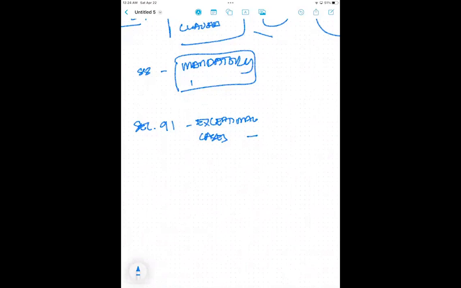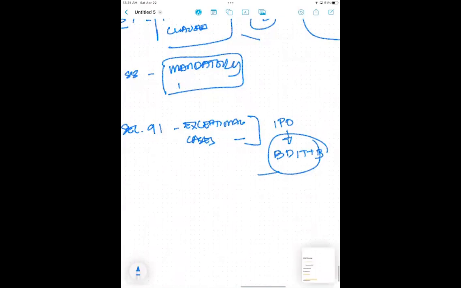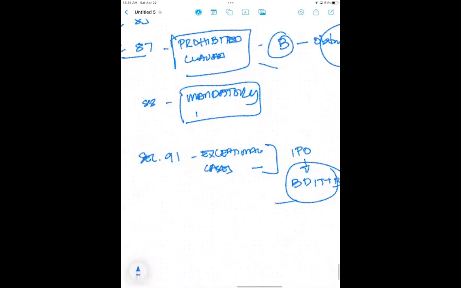That's, for example, high technology content, increase in foreign exchange earnings, employment generation, etc., etc. The parties may obtain an exception from the Intellectual Property Office, particularly the Bureau of Documentation, Information Technology Transfer Bureau, so that they may include certain prohibited clauses, or they may exclude certain mandatory clauses.